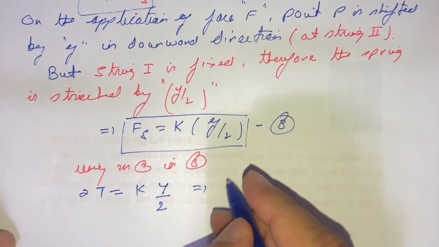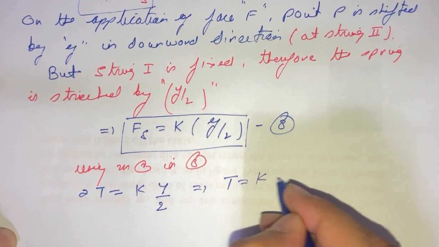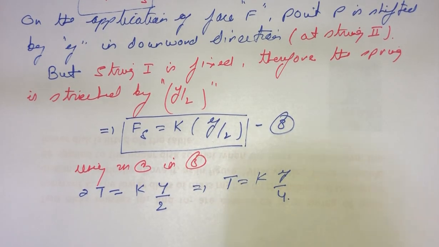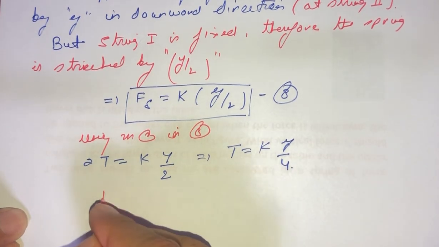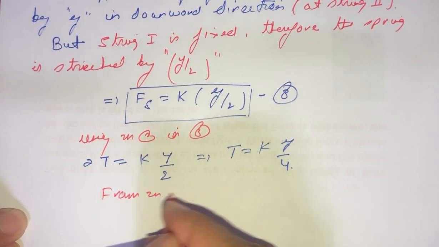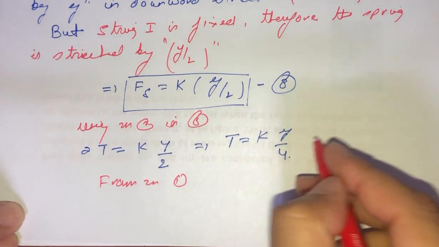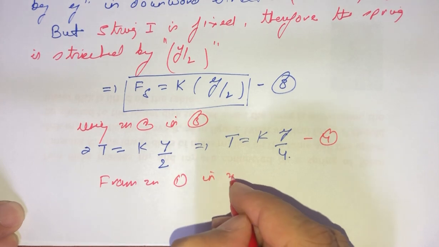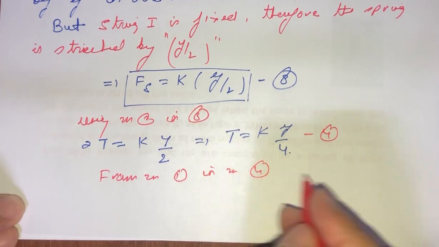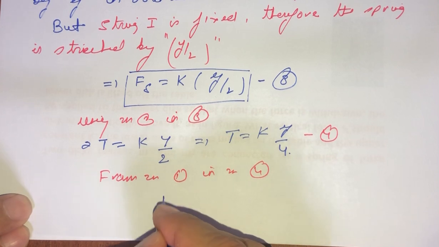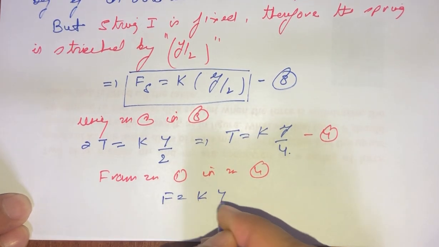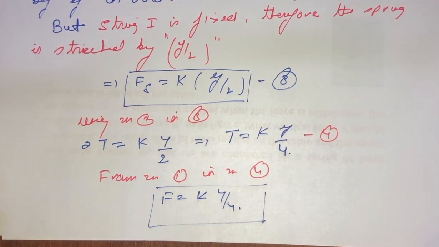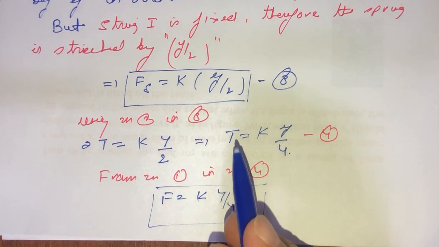Here we can say that T is equal to k y by 4, let us call this equation 4. From equation 1 in equation 4, T is equal to F, so we can directly write that F is equal to k y upon 4. So this is the relationship between force F, k and y for case A.